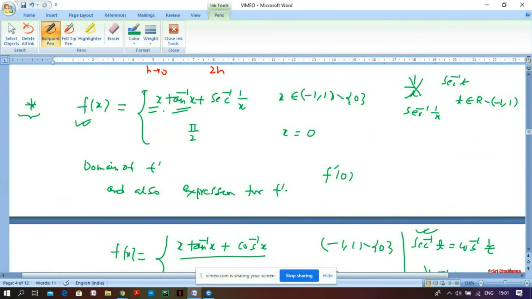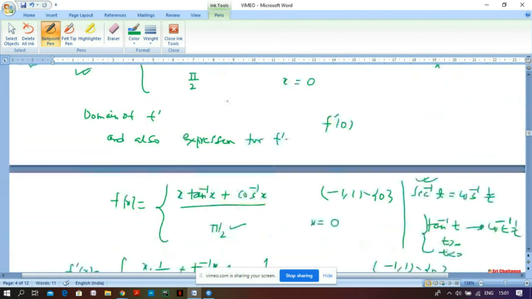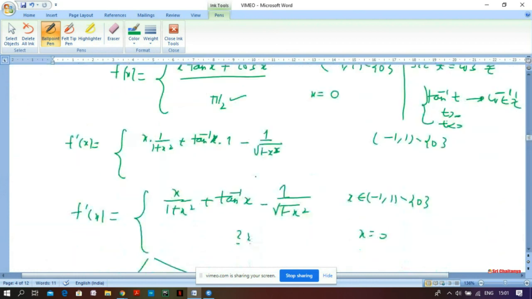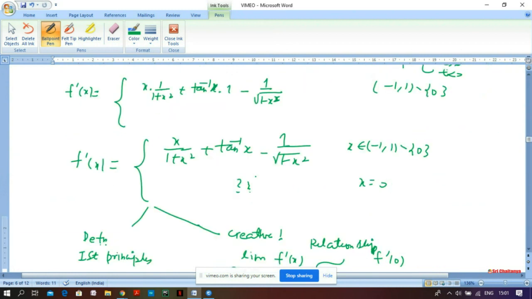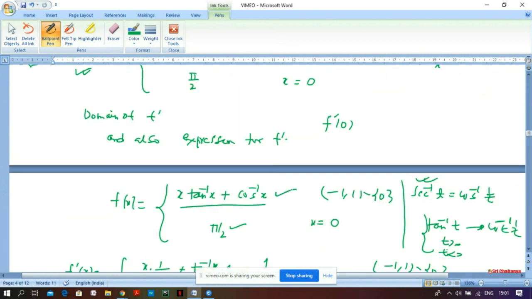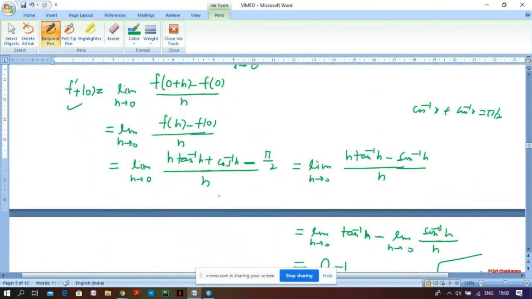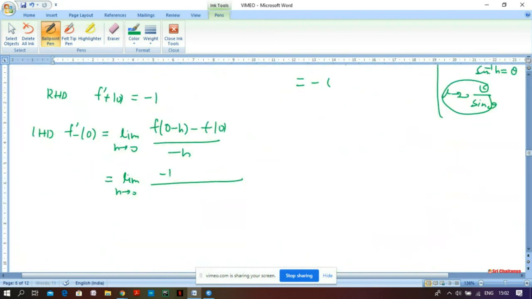So I can write negative h tan inverse of negative h plus cos inverse of negative h minus pi over 2, upon negative h.